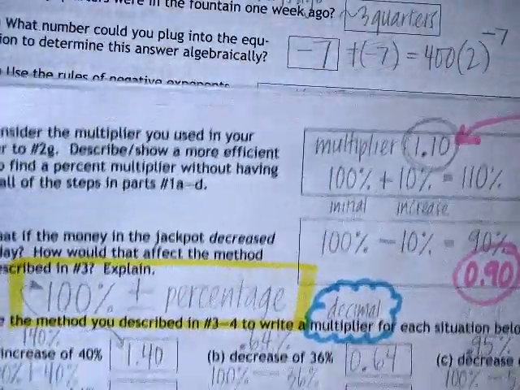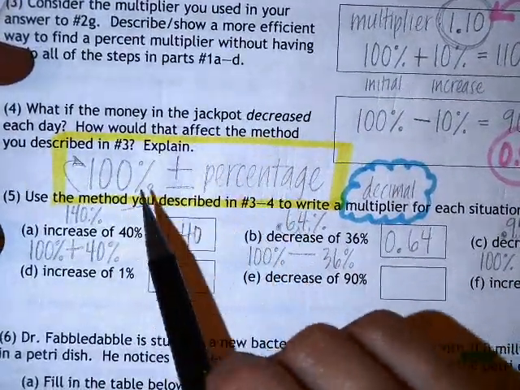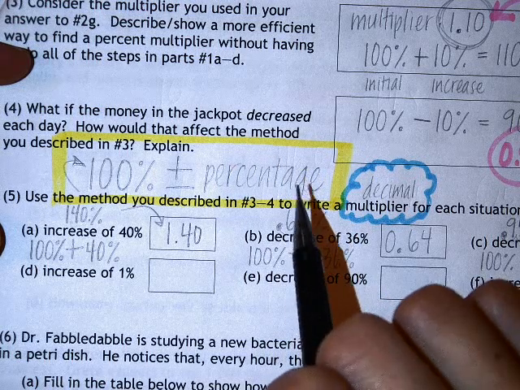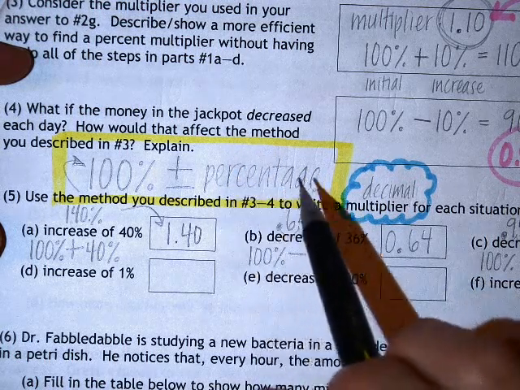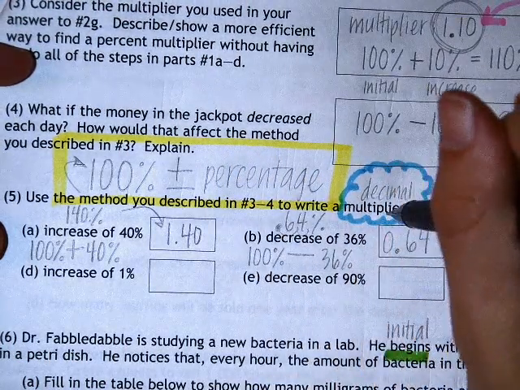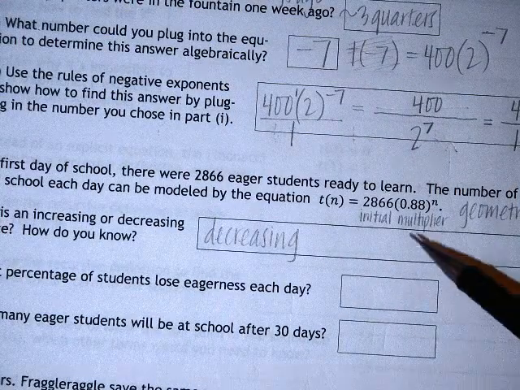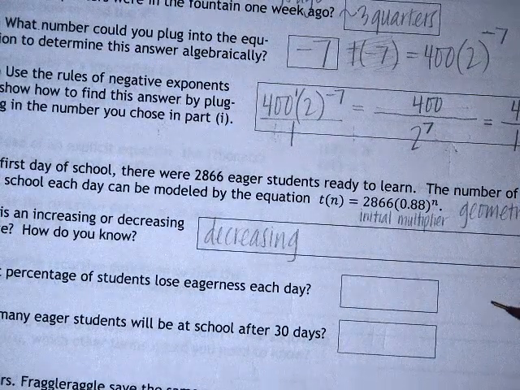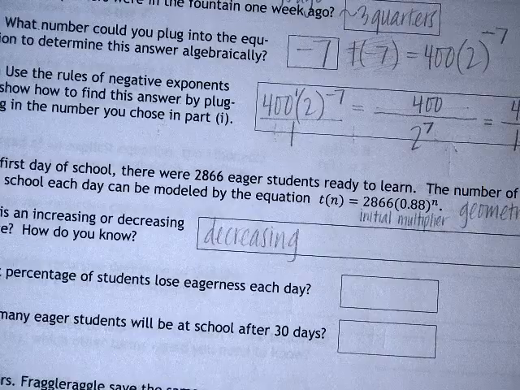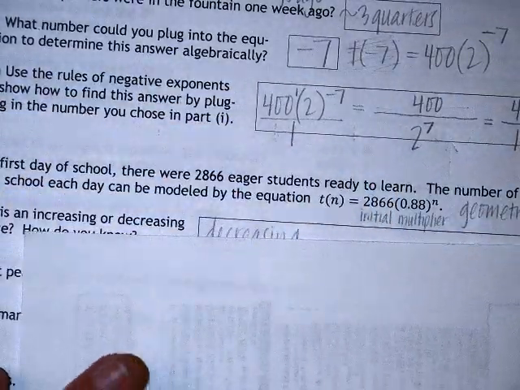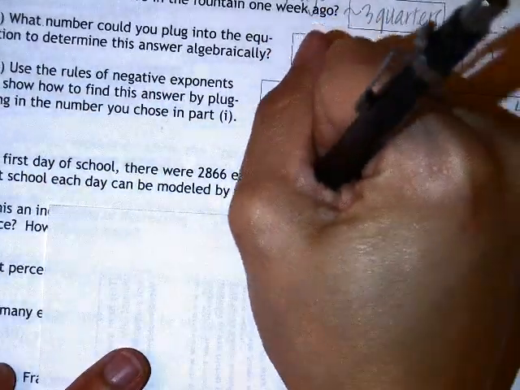If we think about it logically, this 100% plus or minus the percentage thing is supposed to help us get a multiplier. And in the question, the multiplier is 0.88. So in theory, somebody must have done this process.